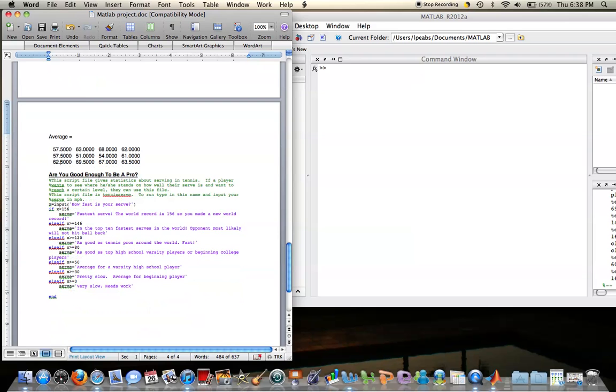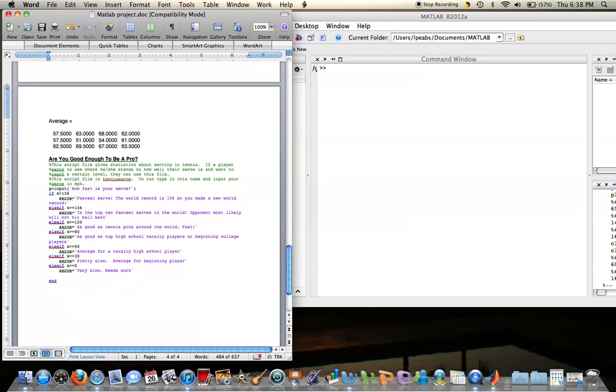Another fun part to this project that I just added in is a script file, and it compares how good your serve, which you may have calculated from before using arrays, is compared to where you should be standing, maybe. So it gives statistics about serving in tennis using if-else-if statements.